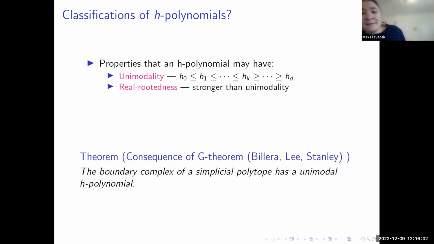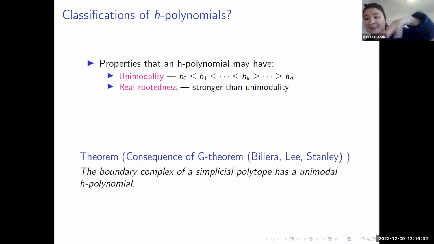Okay, so when I see a polynomial with positive coefficients, there are a few properties that I like to ask. Some properties that people who study the enumerative side of simplicial complexes ask is, what simplicial complexes have H polynomials that satisfy unimodality? What that means is that the coefficients go up to some point and then they go down.